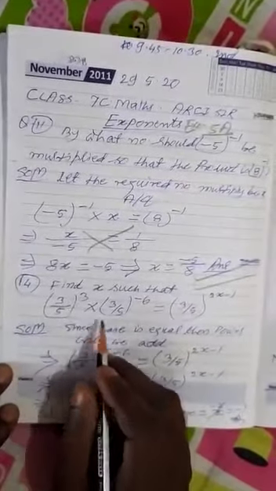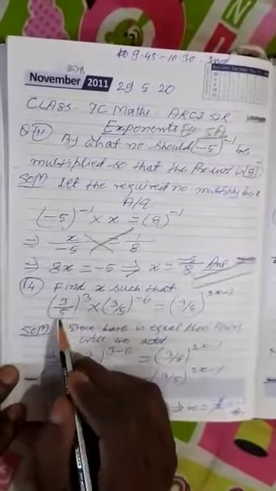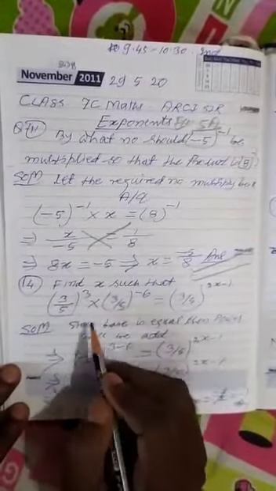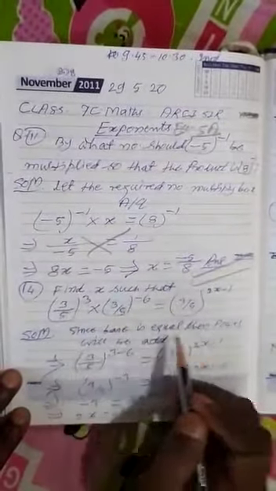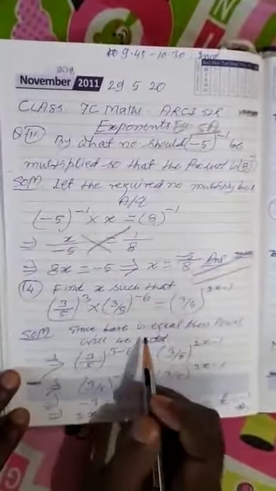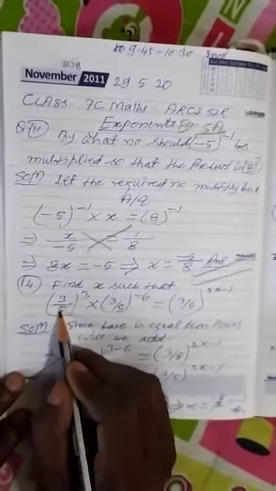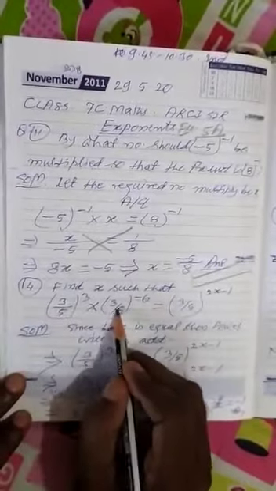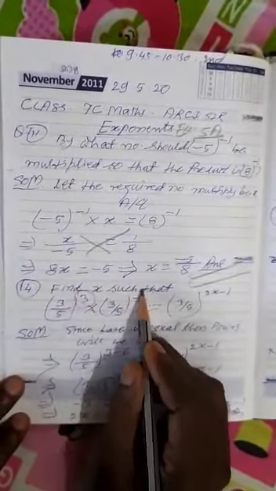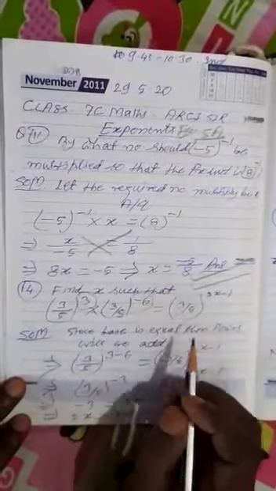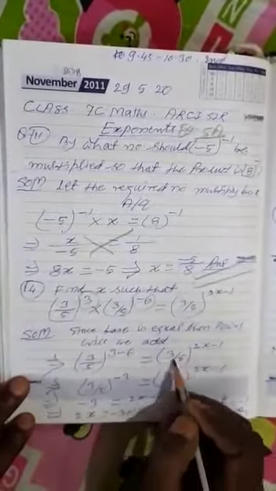Since, as we know that base is equal, 3 by 5 and 3 by 5, base is equal, then power will be added. Therefore 3 by 5 to the power 3 minus 6 is equal to 3 by 5 to the power 2x minus 1.